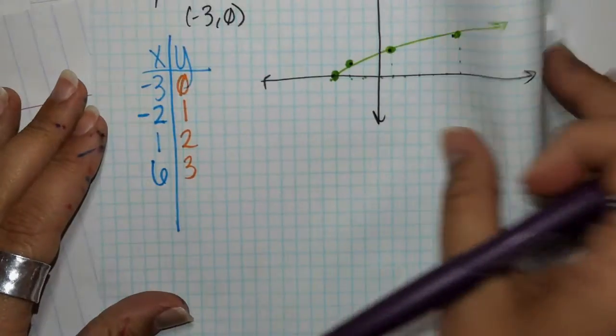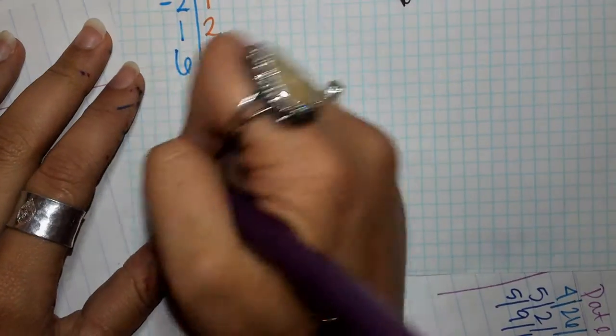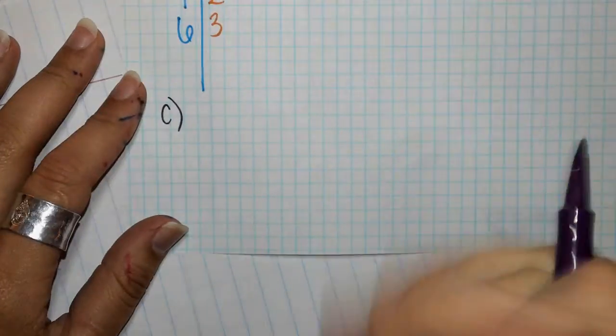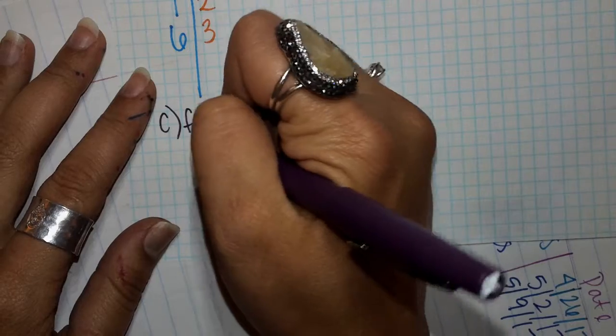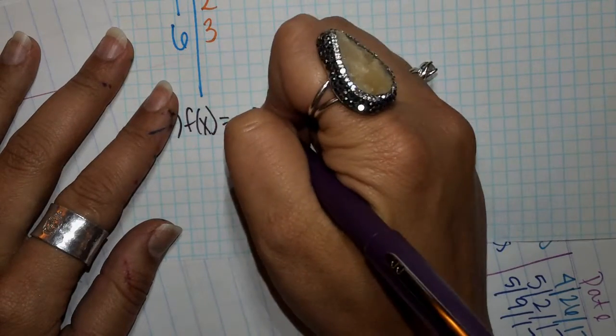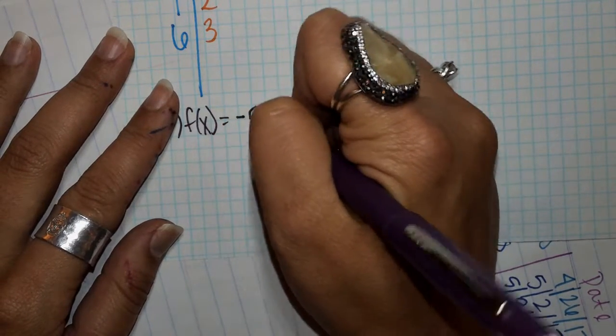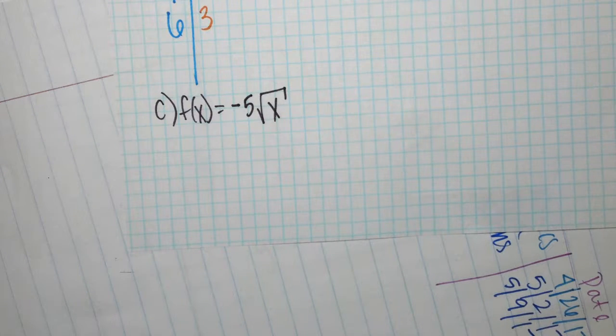All right, so we are now going to do one that has a number on the outside. We're going to say f of x equals negative 5 times the square root of x. And then we're going to go back and talk about our domain and range of b and c. Negative 5 times the square root of x.